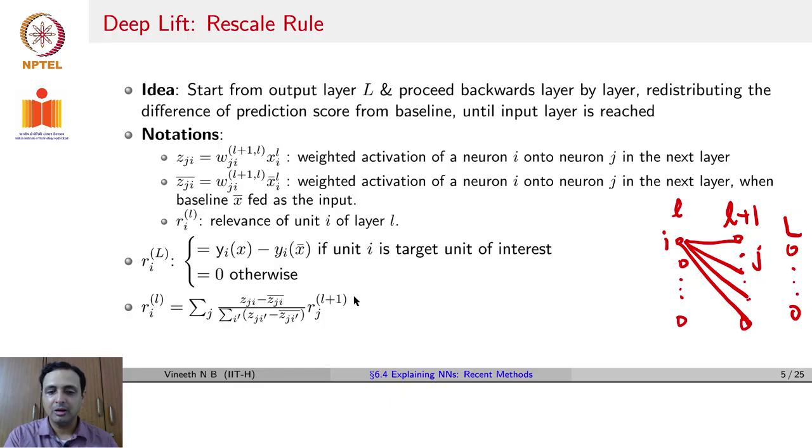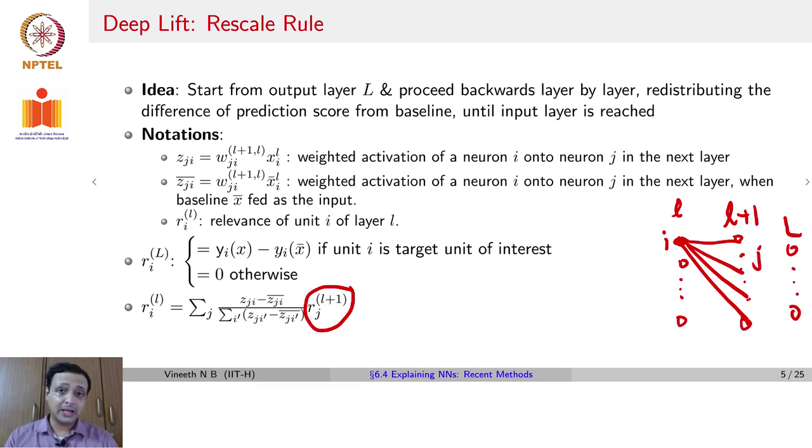That would be given by rj L plus 1. And how much did it contribute to the relevance at RIL? That would be given by zji minus zji bar divided by the summation of all zji minus zji bars in that particular layer. So that gives you an estimate of what is the relevance of node I at the lth layer.